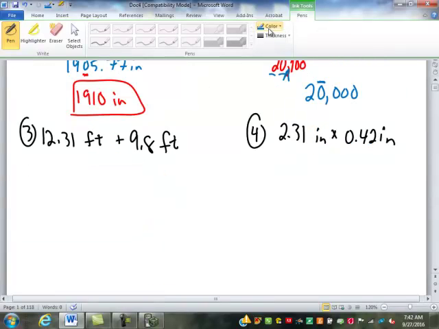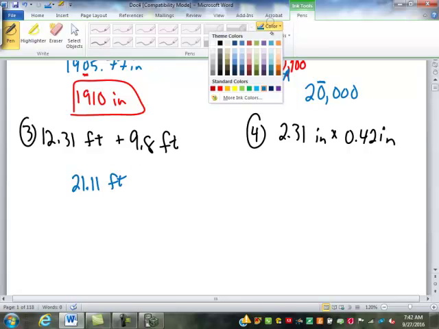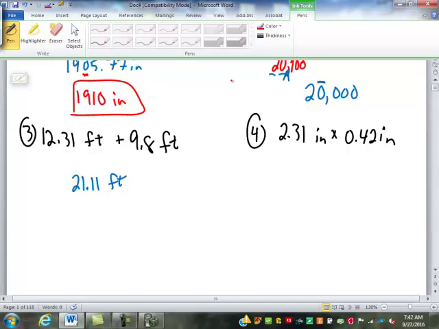Number 3. 12.31 feet plus 9.8 feet is 21.11 feet. We're adding or subtracting, which means we preserve precision, which means place value. This one is precise to the nearest what? 100th of a foot.